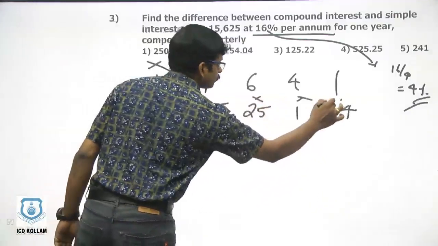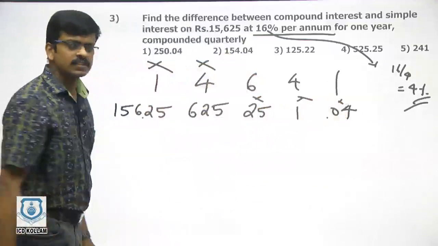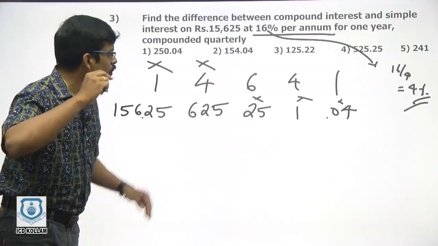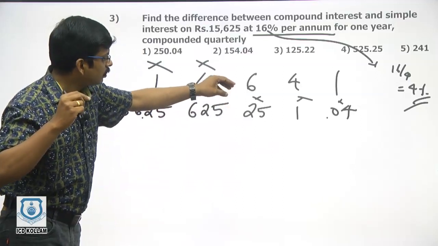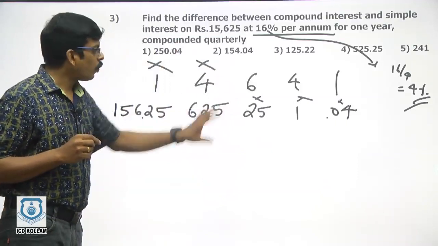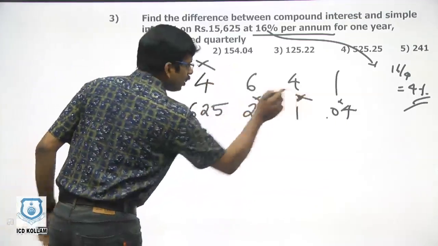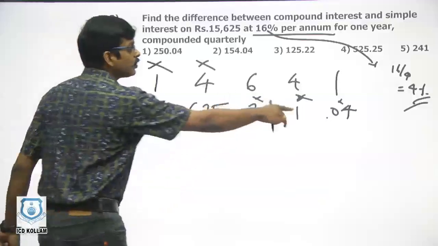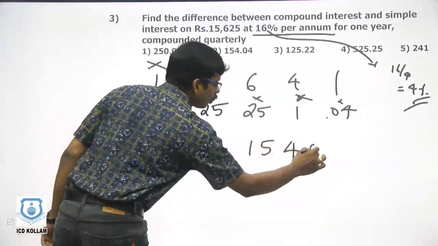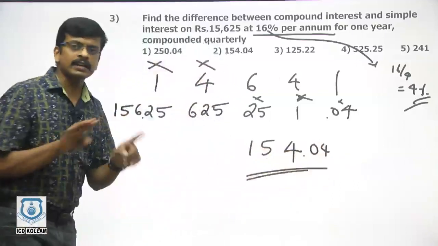It is 25 into 6. We know 25 into 6 is 25 into 2 into 3, 150. 150, and a 4 from here, 154.04. 154.04 is the correct answer.